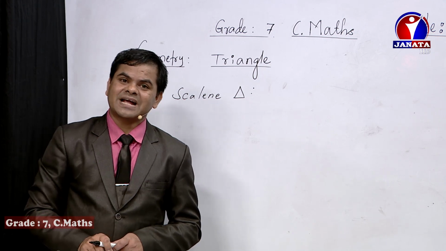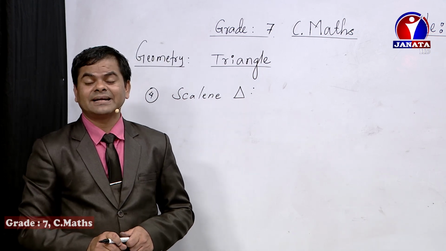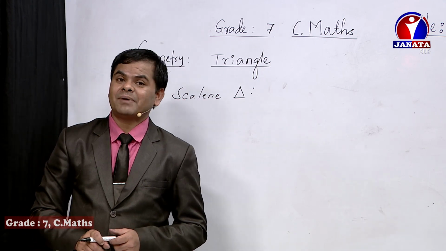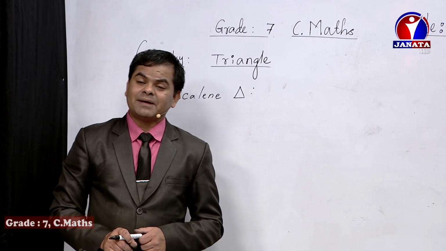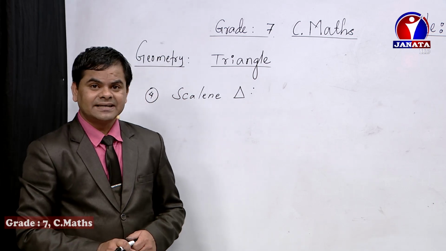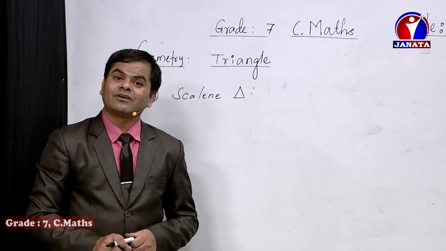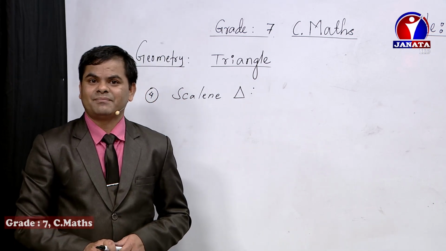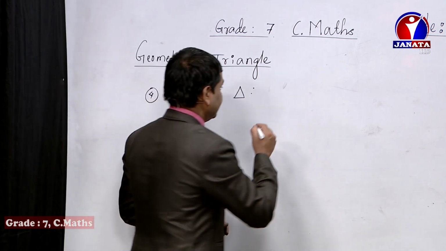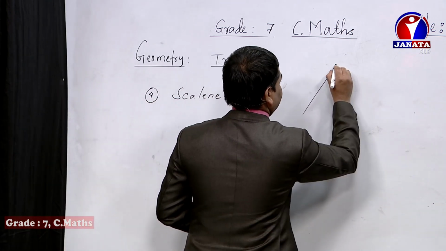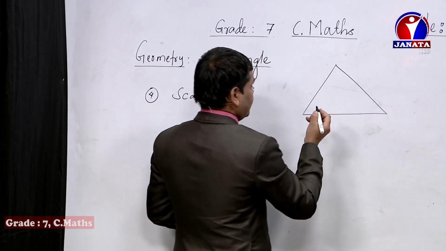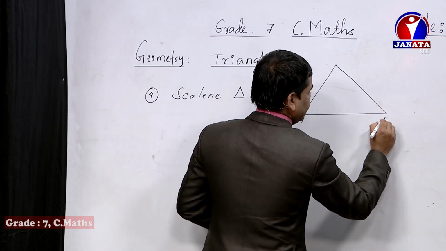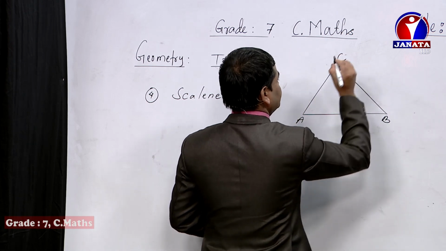The measures of the sides will be different, and the angles formed by those three sides when they are adjoined, making three vertices, all have different measurements. Look here, dear friend: it is A, let's suppose this one as B and this one as C.